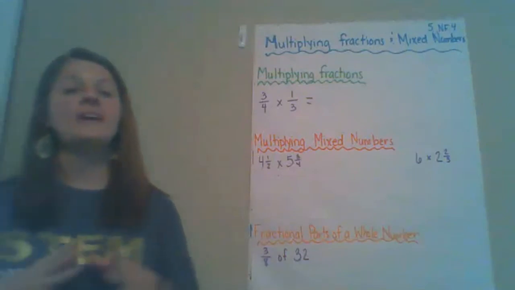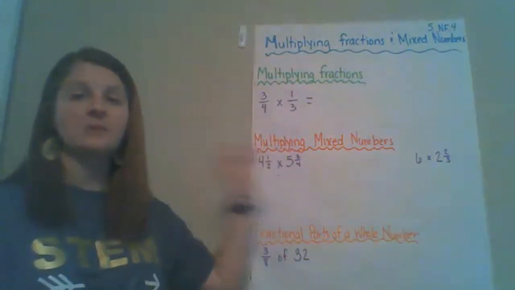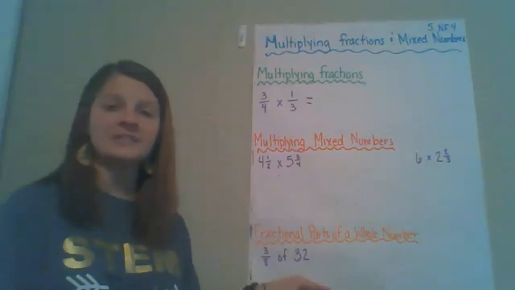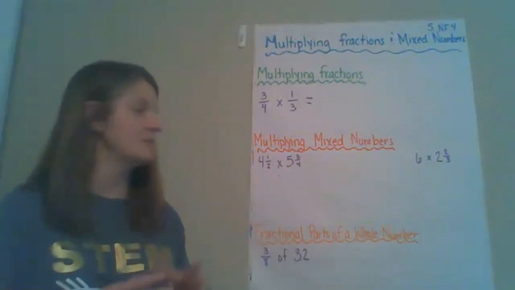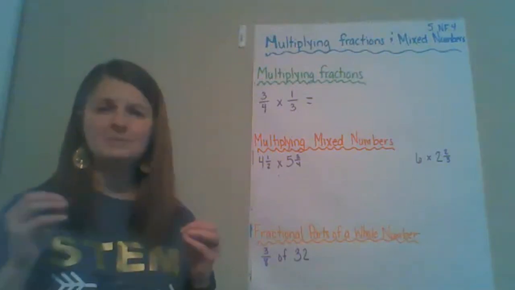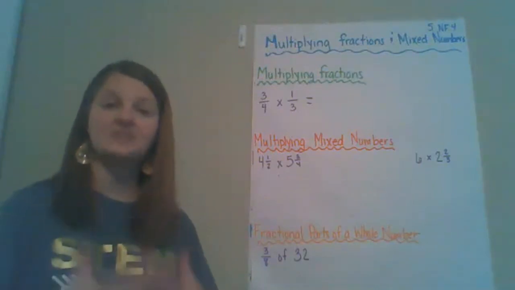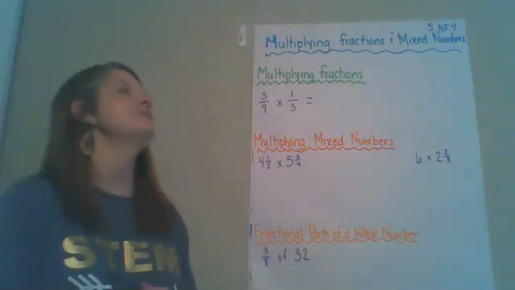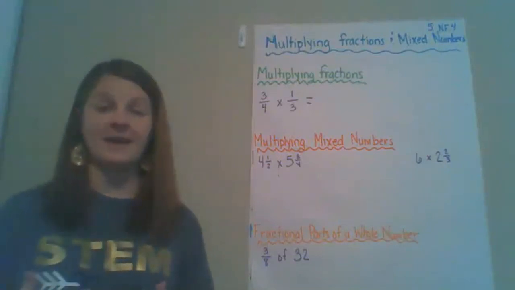So we have talked about multiplying fractions, multiplying mixed numbers, and most recently, finding fractional parts of a whole number. So we are going to use more pictorial representations for each of these. So remember what we've talked about.